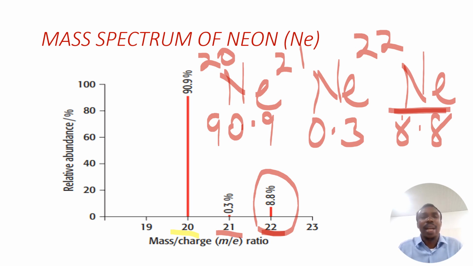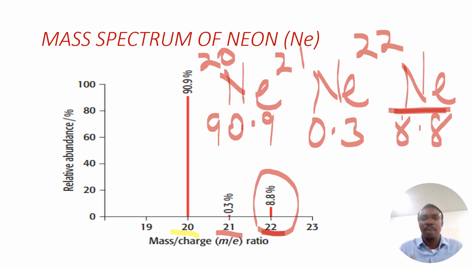Some are calibrated in terms of height of the peaks, which gives a different result. Then some mass spectrometers are calibrated based on detected current against mass to charge ratio. So that is how you can interpret the mass spectrum of an isotopic element.